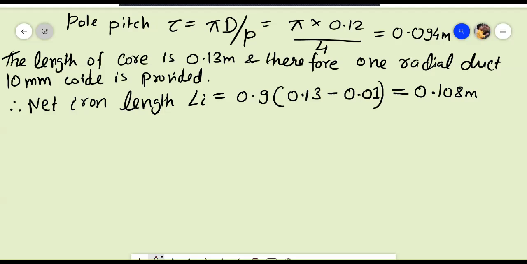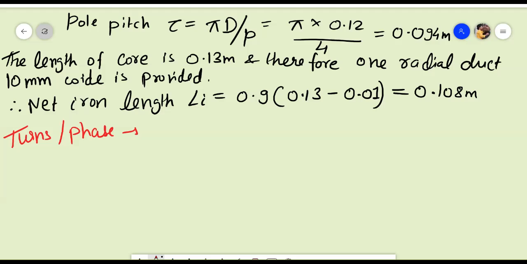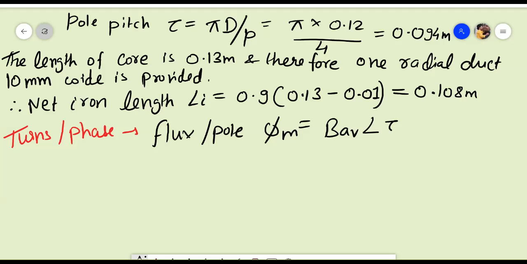So we know that the flux per pole, phi m, is given by this formula BAV, which is the magnetic loading, multiplied by length, multiplied by the tau, which is the pole pitch.